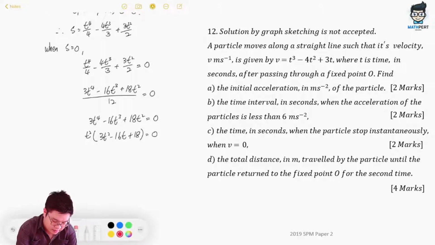The formula is minus b plus or minus the square root of b squared minus 4ac, over 2a.